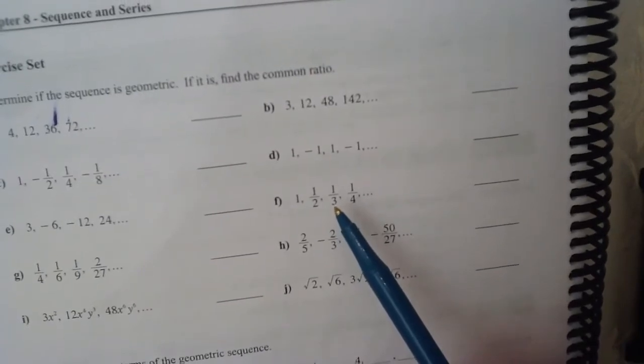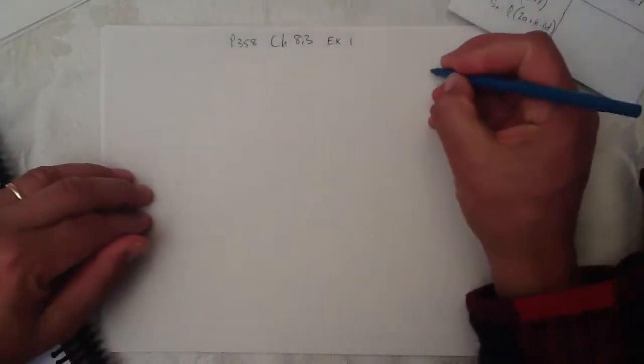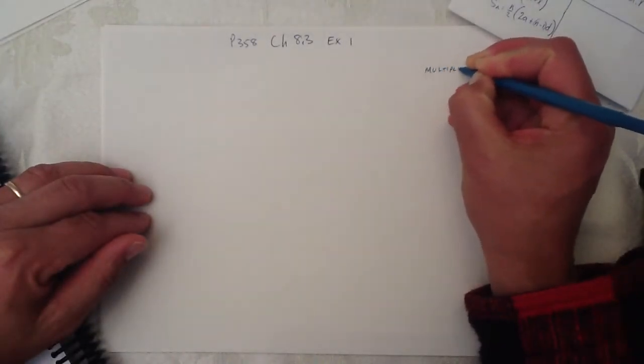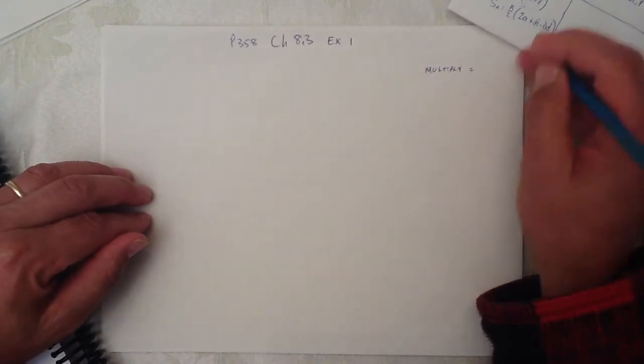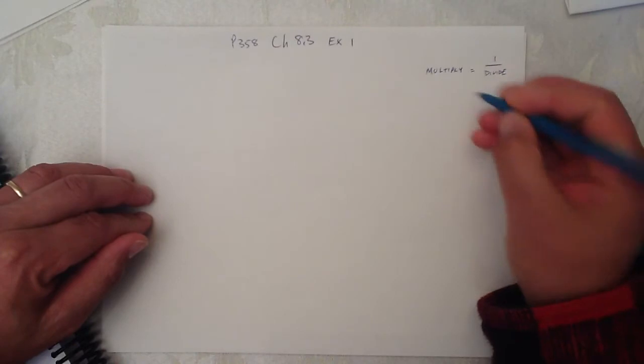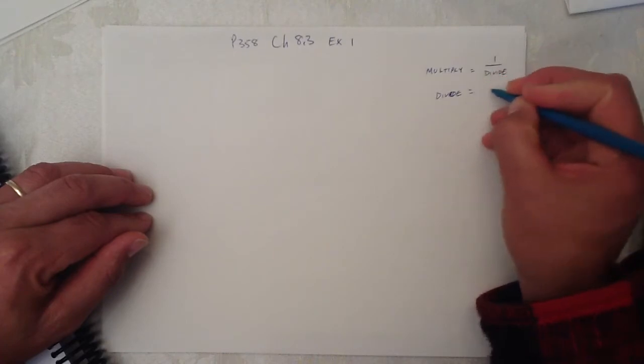Now, by the way, this is a good time to remind the audience that multiply equals 1 over divide, and divide, if I could spell it, divide, good thing this is an English class, equals 1 over multiply.